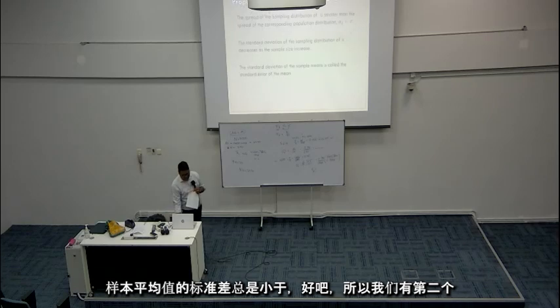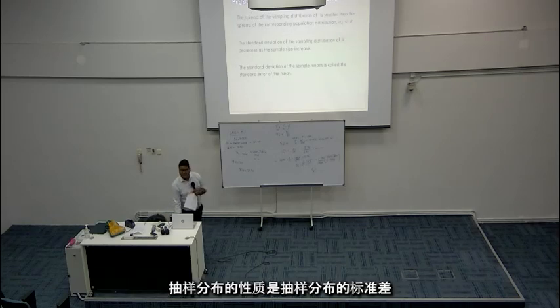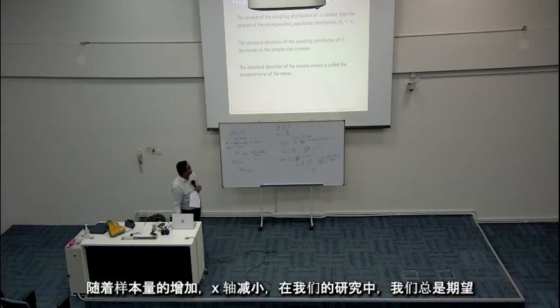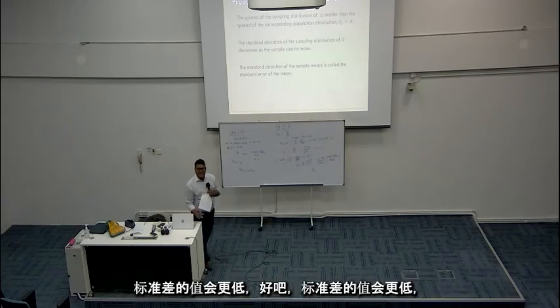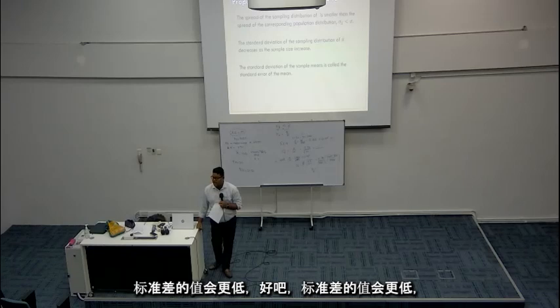The second property of the sampling distribution is that the standard deviation of the sampling distribution of x bar decreases as the sample size increases. In our study we always expect the standard deviation to be lower.